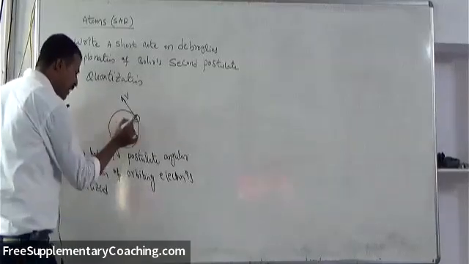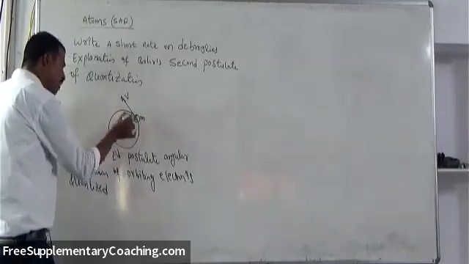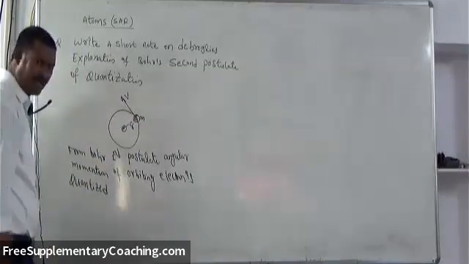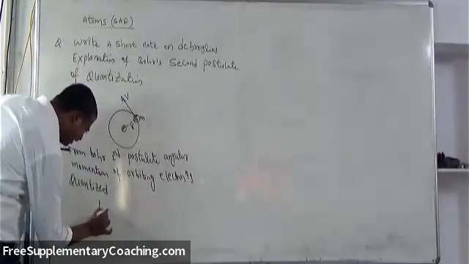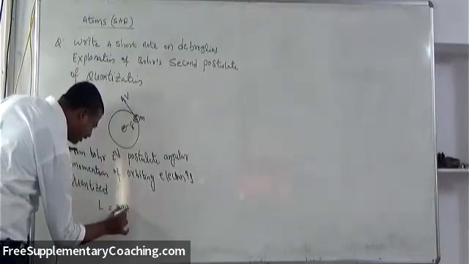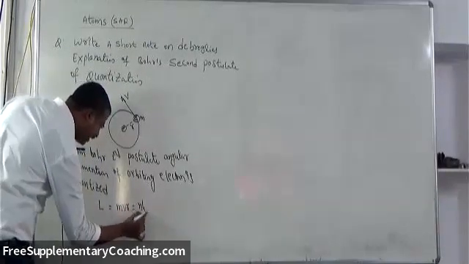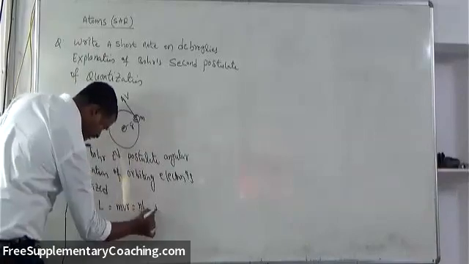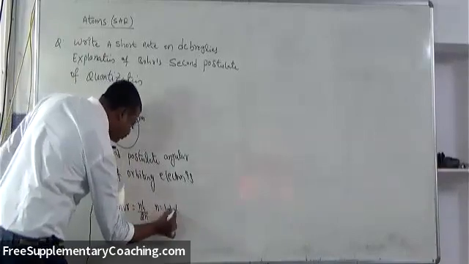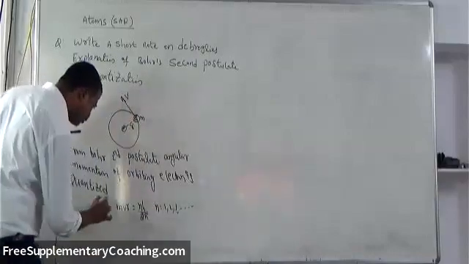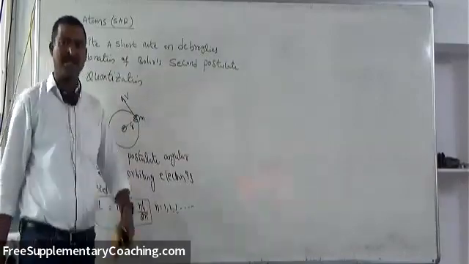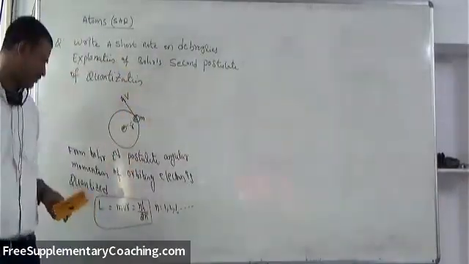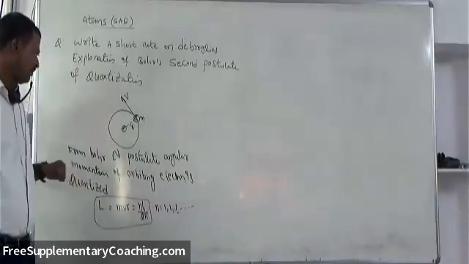That means, from this diagram, the particle has some mass m revolving with speed v in a particular orbit of radius r. Then the angular momentum L, I can write as mvr, equal to nh by 2 pi, where n is 1, 2, 3 and so on, h is Planck's constant, r is the radius, v is the velocity, and m is the mass of the particle orbiting in that orbit. This is the second postulate.